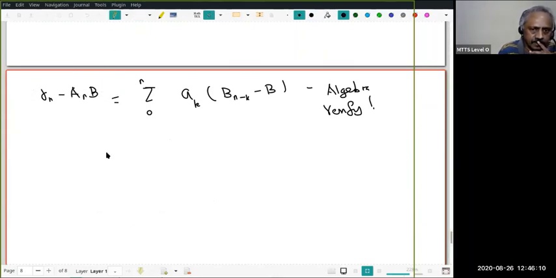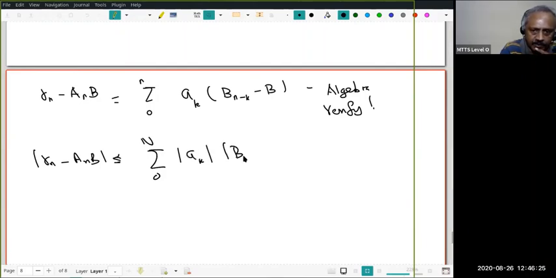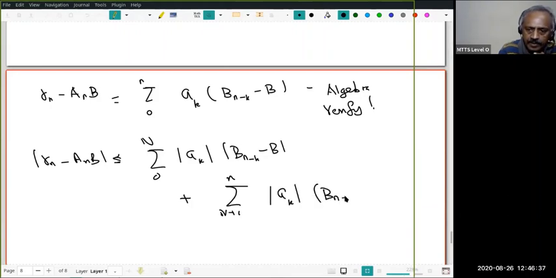Therefore, modulus of gamma n minus a b is less than or equal to the summation 0 to capital N of mod a_k into mod b_{n-k} minus b, plus the summation N plus 1 to little n of mod a_k into mod b_{n-k} minus b.